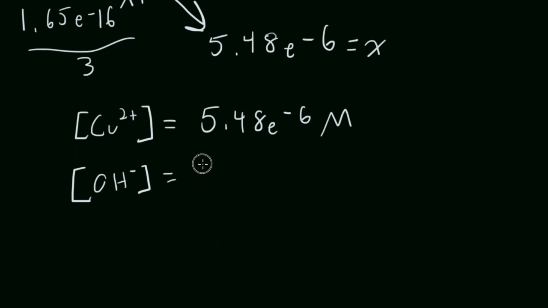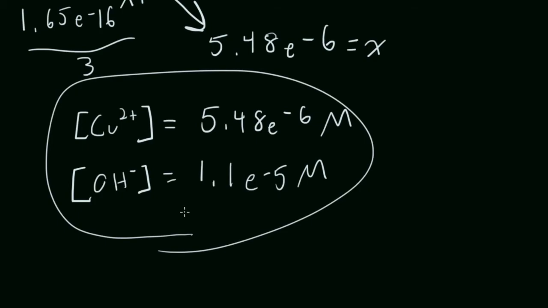And I end up with 1.0, that's actually going to round to 1.1 E negative 5 molar. There we go. Those are our final concentrations for both of these.